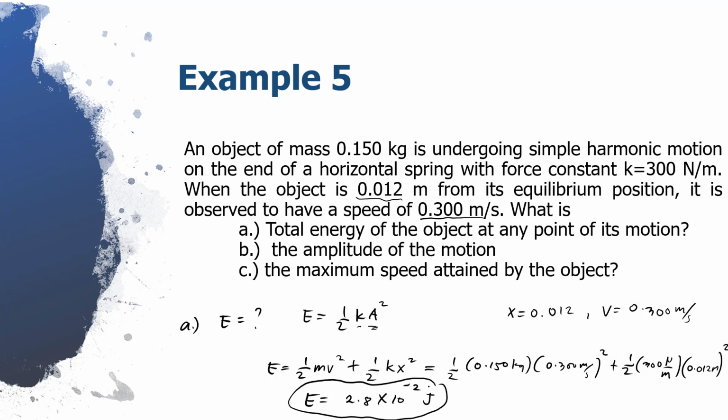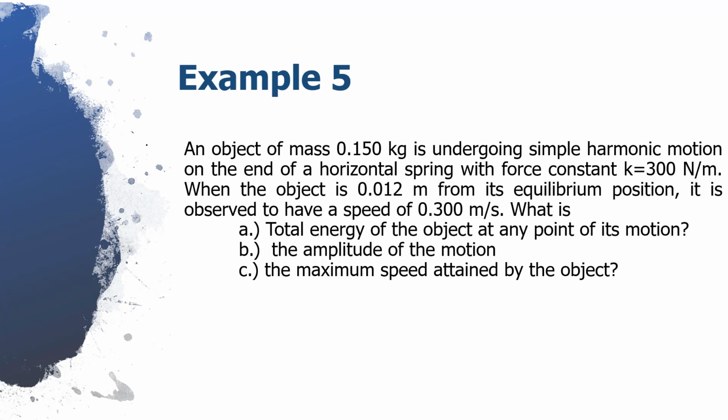How about the amplitude? Letter B, we can solve for the amplitude now because E is now given, and this is equal to 1/2 kA squared. So from here, you can solve for A. This is equal to the square root of 2E over k, where E is equal to 2.8 times 10 to the minus 2 joules.